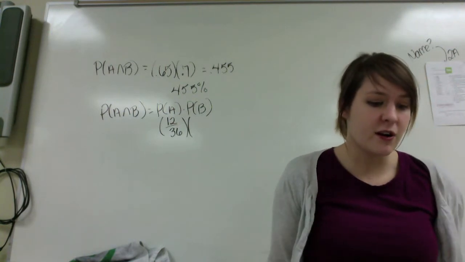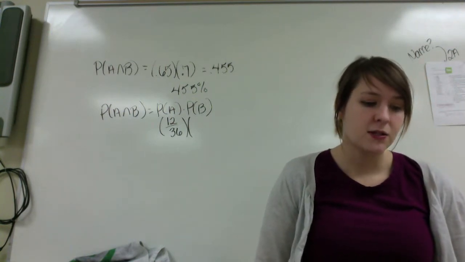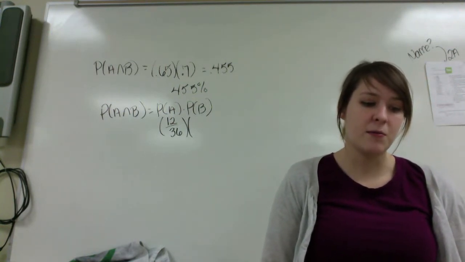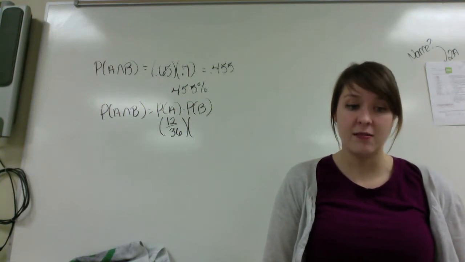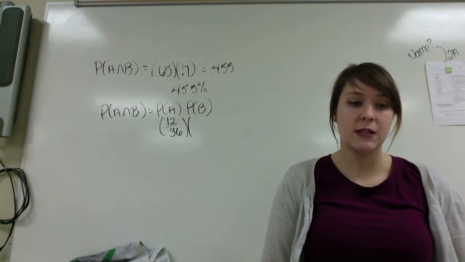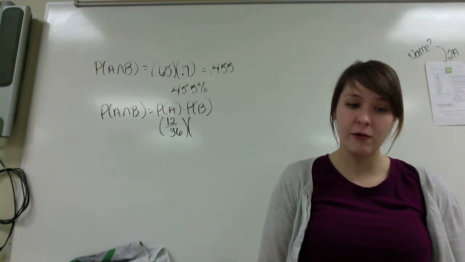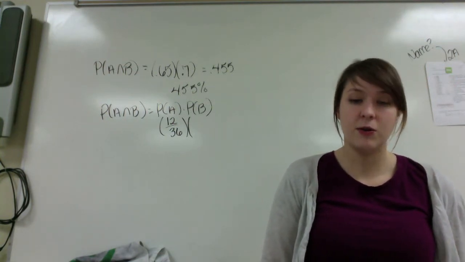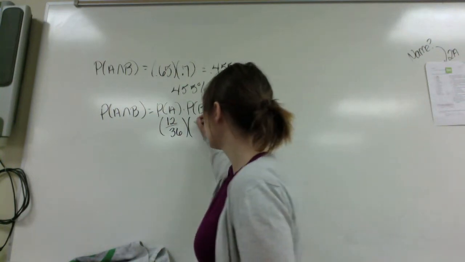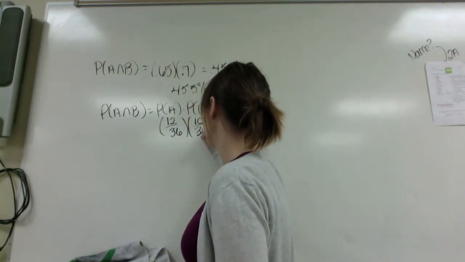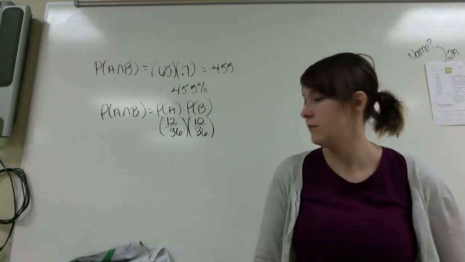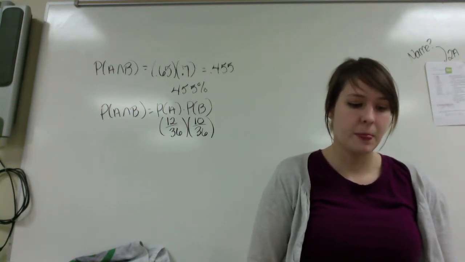Okay, now I need to figure out the probability of B. So I'm looking for the probability that the sum of the 2 dice is less than 5. Well, if it's less than 5, that means that it's either a sum of 2, 3, or 4, and that would give me a total of 10 out of 36 for that probability. Okay?